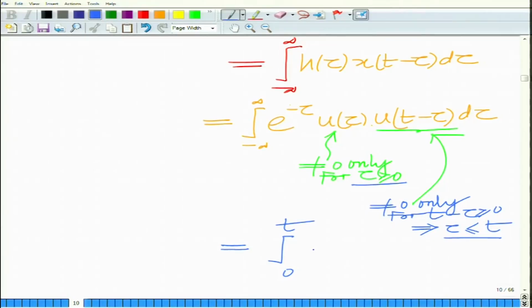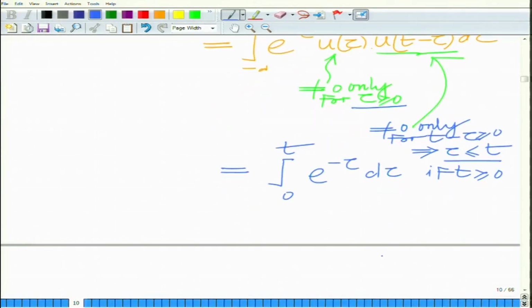So, for t greater than or equal to 0, this is the integral from 0 to t of e to the power minus tau d tau, and it equals 0 if t is less than 0.